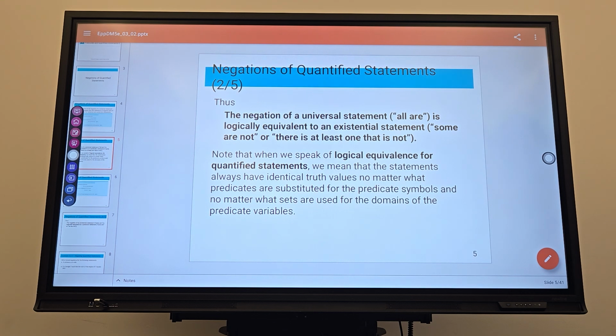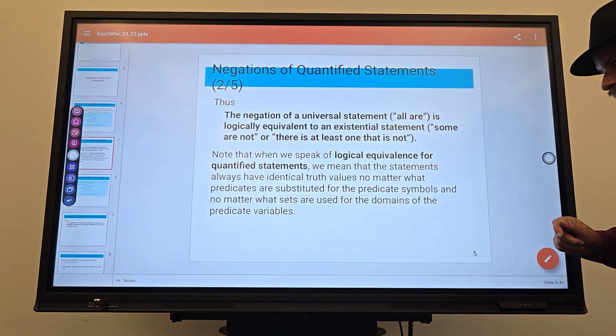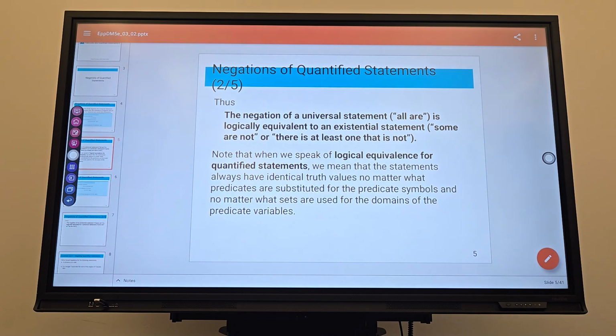When we speak of logical equivalence for quantified statements, we mean that the statements always have identical truth values no matter what predicates are substituted for the predicate symbols, and no matter what sets are used for the domains of the predicate variable.